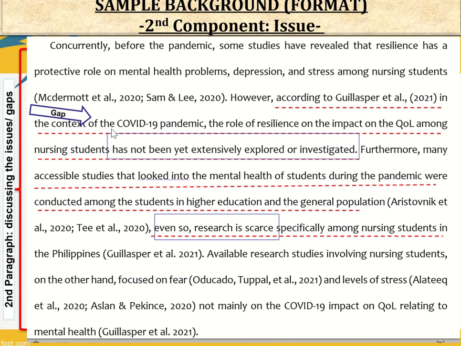So here, the authors identified the gaps that they have identified. So, few studies so far. The variables under investigation have not been yet extensively explored or investigated. So, that is one. Then he also says, furthermore, many accessible studies that look into the mental health of students during the pandemic were conducted among the students in higher education and general population.